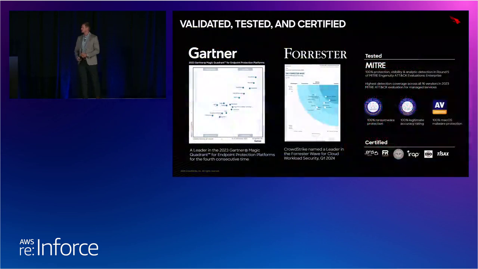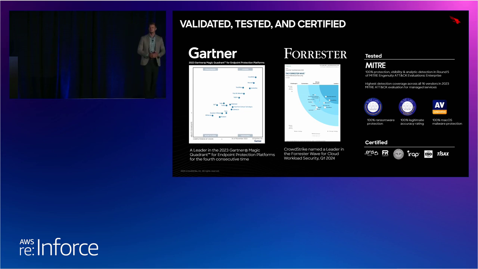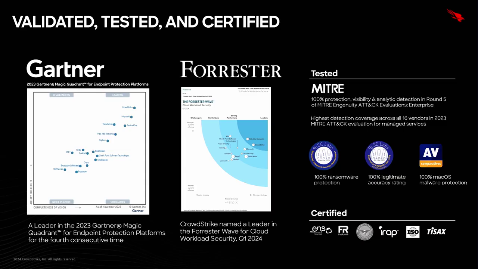And not only that, we do have third-party and analyst backing. It's not just us saying we are effective. You can see here that we've been a leader with Gartner on the endpoint front, and just a few months ago, Forrester released a cloud workload security wave where we're a leader as well.